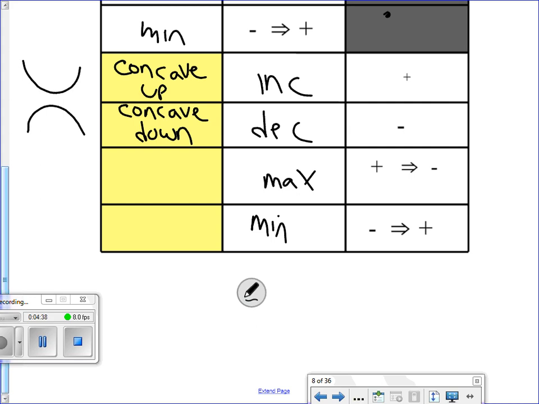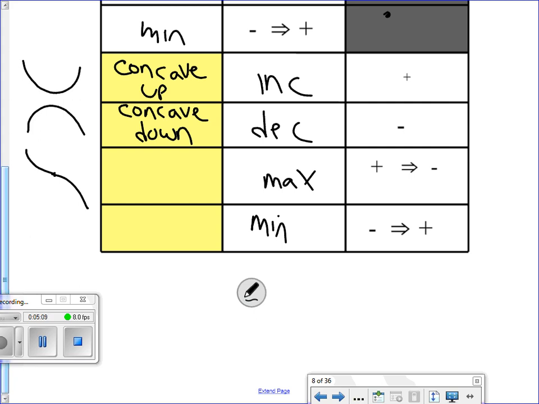What does it look like when the second derivative is positive, before it changes? When the second derivative is positive, your function's concave up, right? So it's kind of happy. Then the second derivative changes to negative. So it's concave up and then changes.